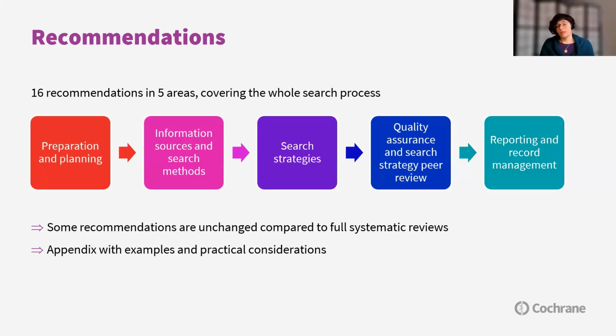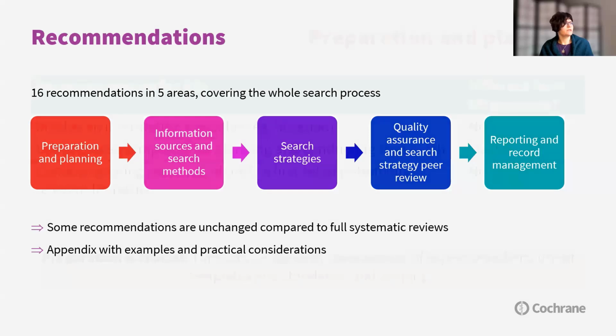The publication also contains an appendix, which has examples and links to tools and additional practical considerations. Most of the examples and tools I will talk about today are from the appendix, but I will focus also on tools that are free or have a free version.